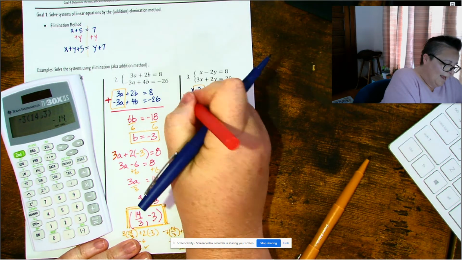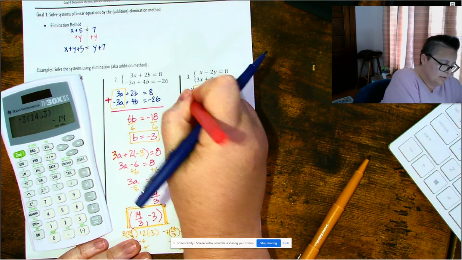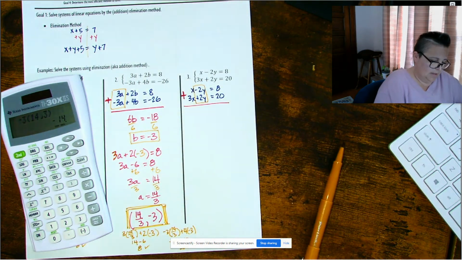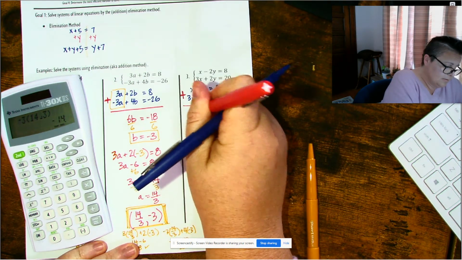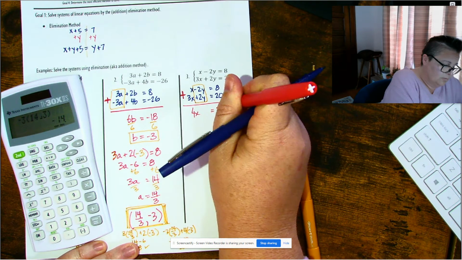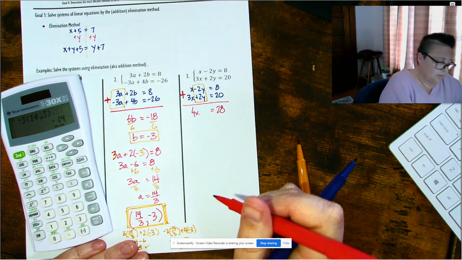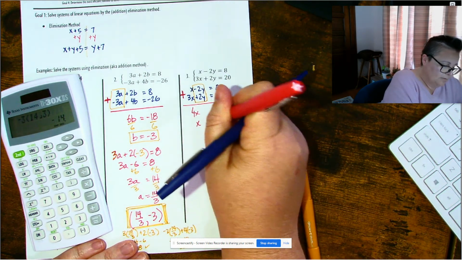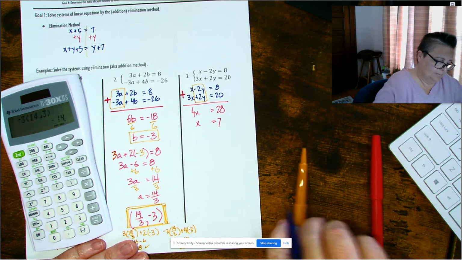So I'm going to add the two equations together, and that's going to give me 4x is equal to 28. Dividing both sides by 4, x would be equal to 7.